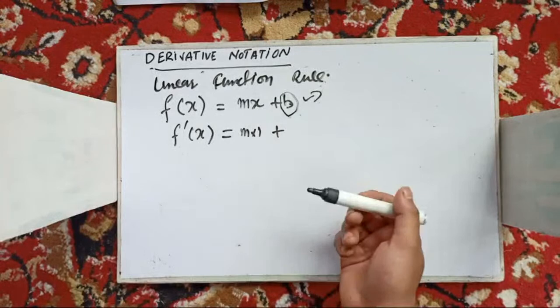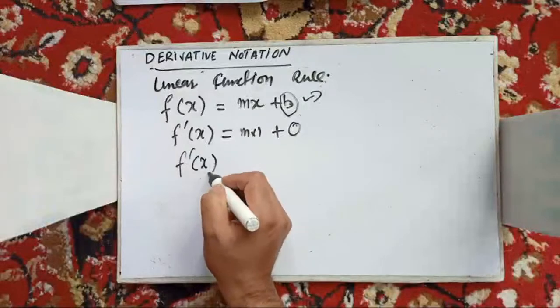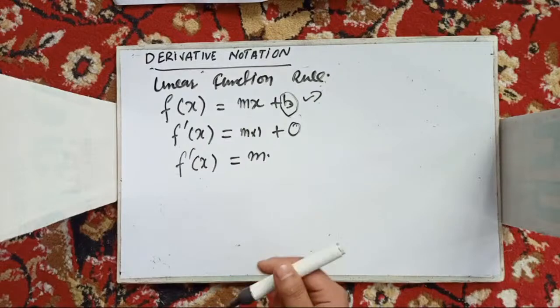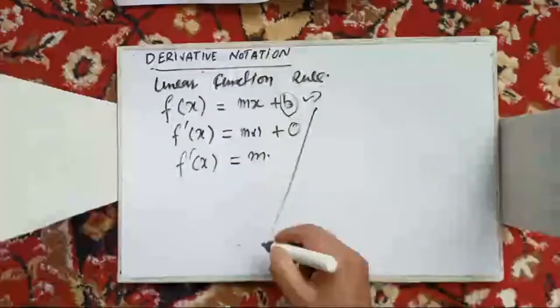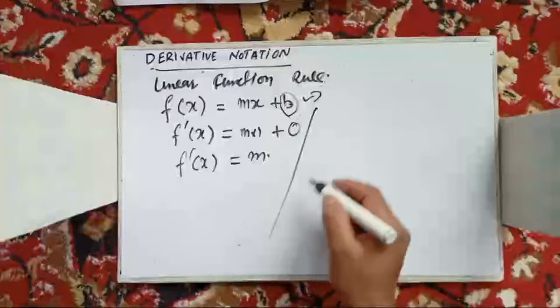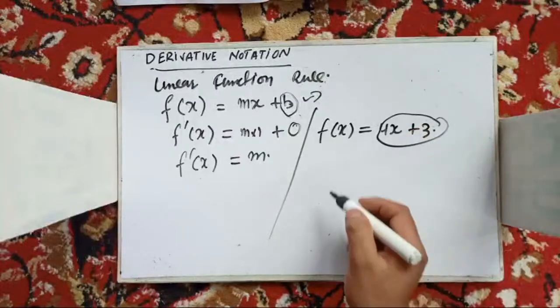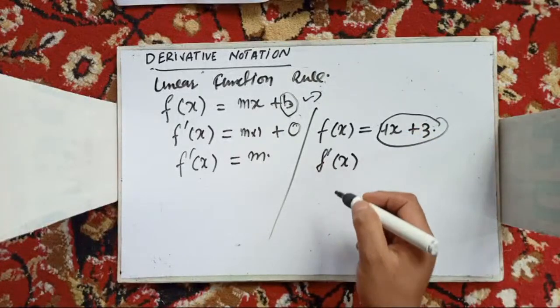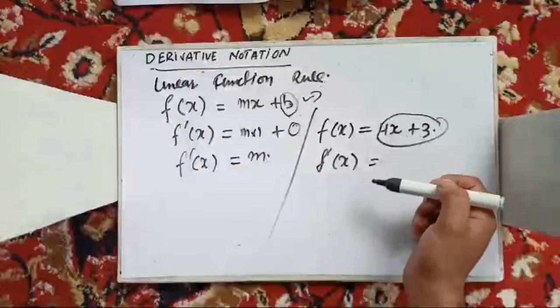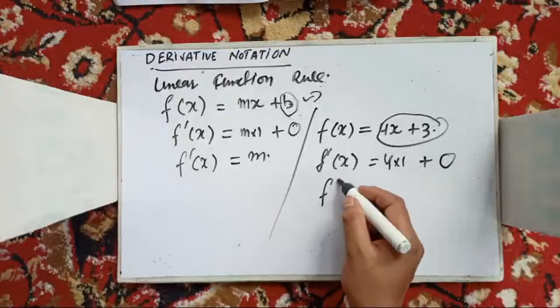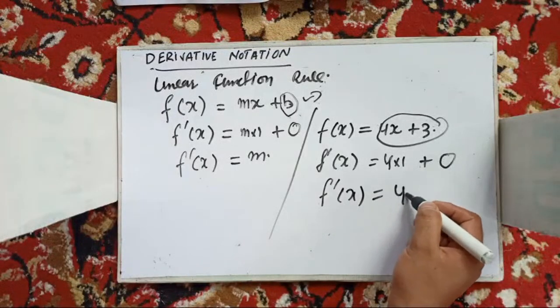Now the derivative of a constant is always 0, so f dash x is equal to m. For example, if we are given f of x is equal to 4x plus 3, the derivative of x is 1, so this will be 4 times 1 plus 0. So we can write f dash x is equal to 4.